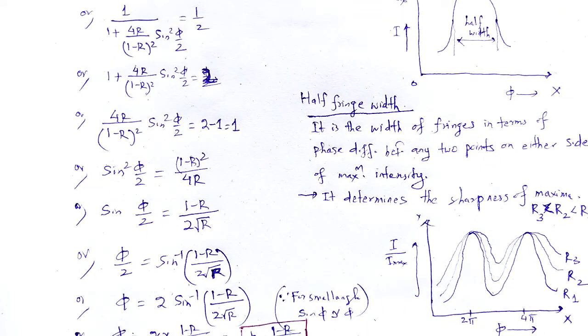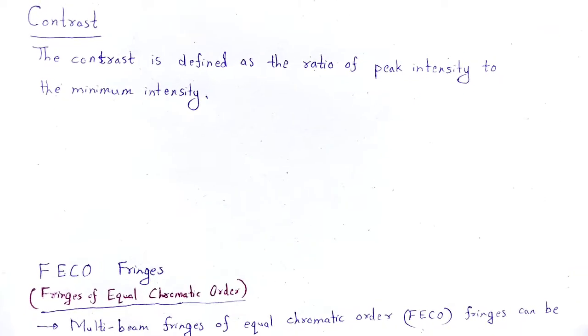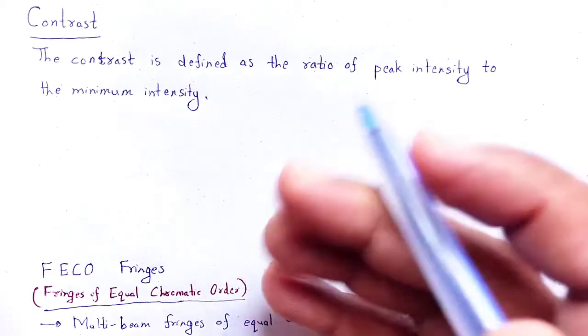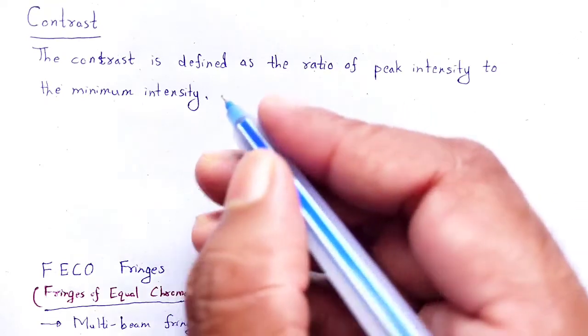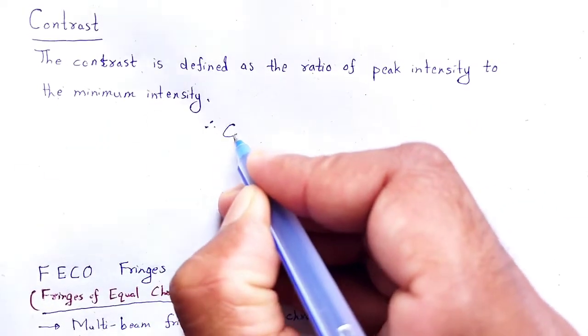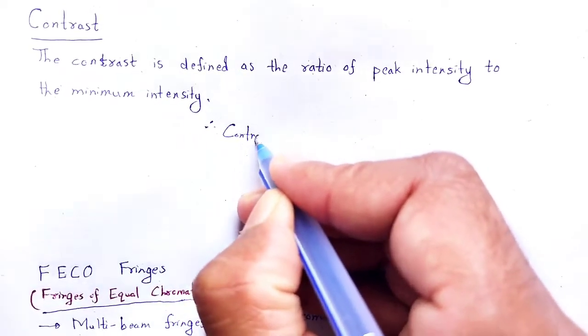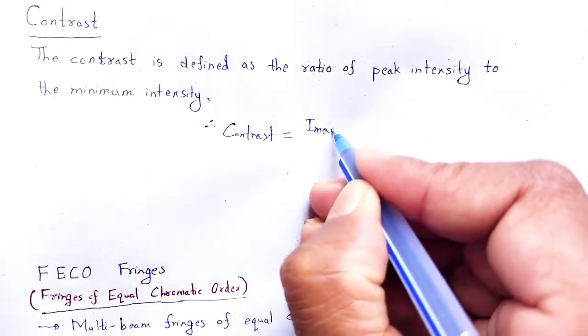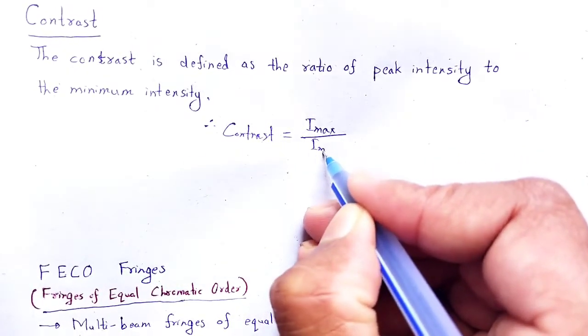Next technical term, contrast. The contrast is defined as the ratio of maximum intensity to minimum intensity. Therefore, mathematically contrast is equal to I max divided by I min.